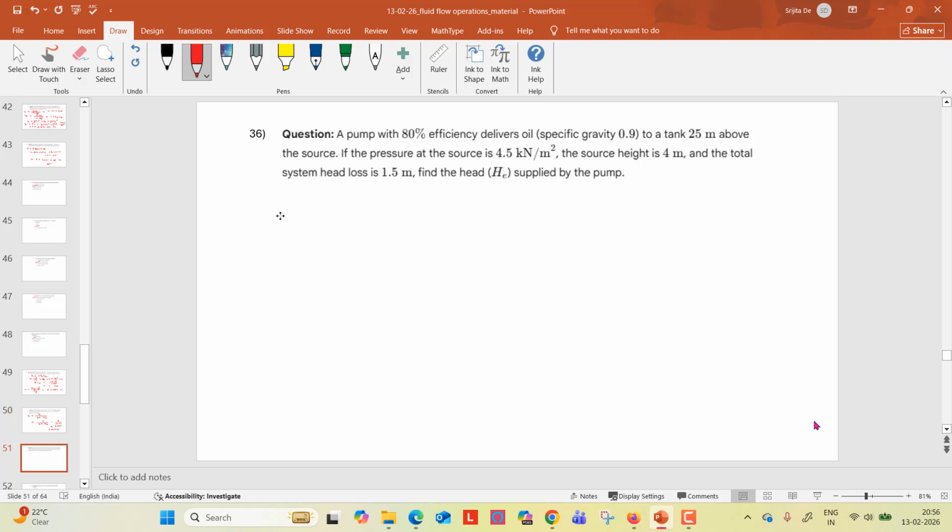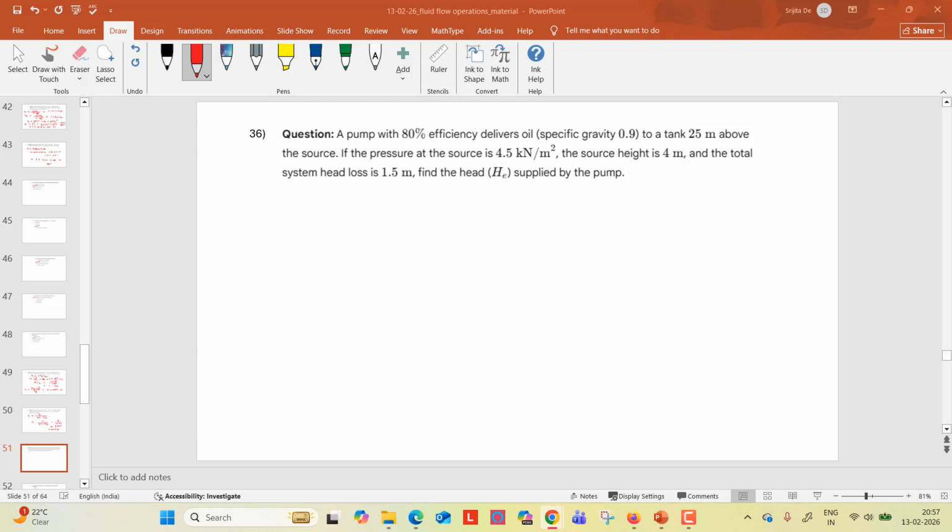A pump with 80% efficiency delivers oil to a tank 25 meter above the source. If the pressure at the source is this, the source size is 4 meter. The total system head loss is 1.5 meter. Find the head supplied by the pump. So it will be coming from the modified Bernoulli's equation.